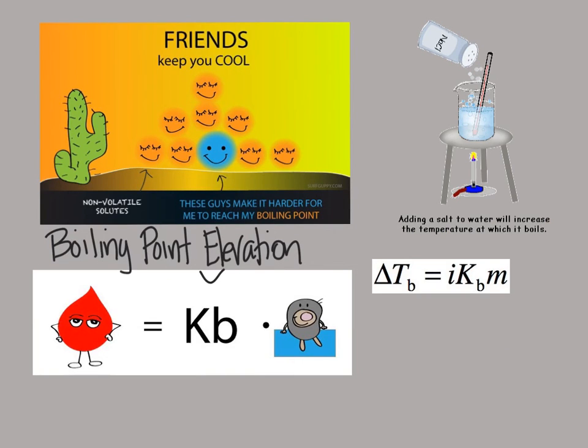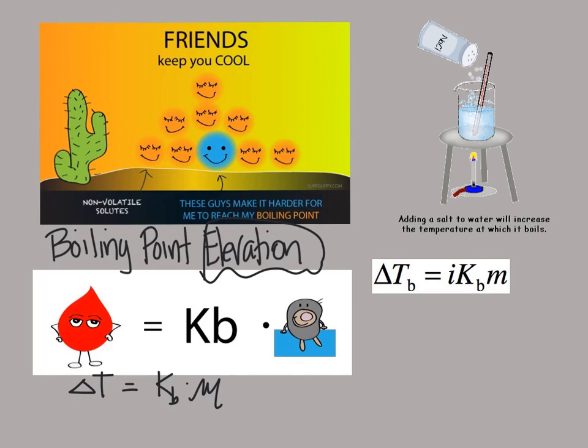Boiling point elevation is telling you which way the temperature change is going. And the cartoon says, friends keep you cool. These guys make it harder for me to reach my boiling point. And the equation here is the change in temperature equals the K constant times the molality again.